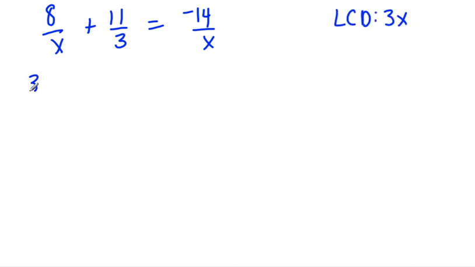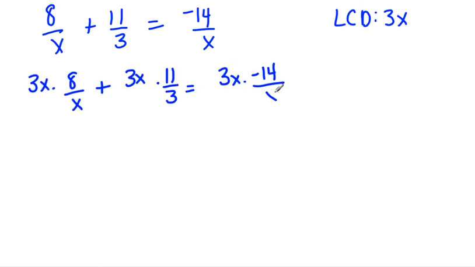So you do 3x times all of these. What goes away in this first one? X's. So I would have plus. What goes away in the next one? 3's. Minus 40.